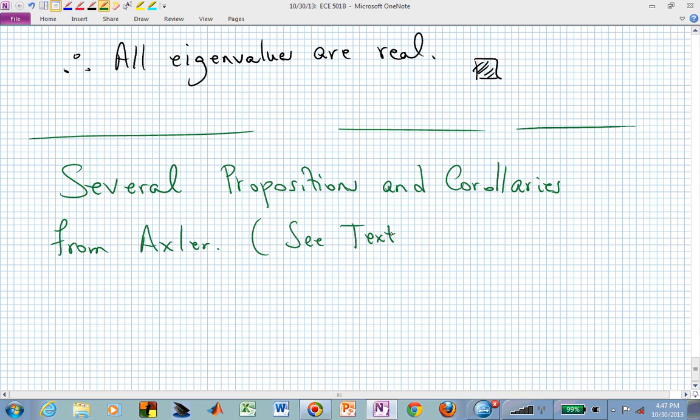And now that we've seen one proof, I'm assuming you can sort of read those on your own. We need to move. That was just the first proof or proposition in chapter 7. We don't have that much time, do we? We can't spend that much time on all 50 propositions in the chapter. I don't know how many there are. That's your assignment for tonight. So see the text for some of these proofs.